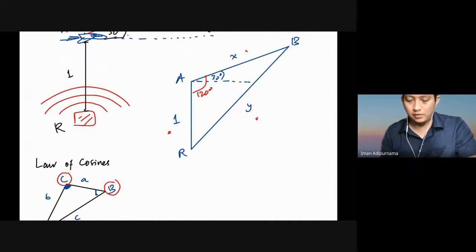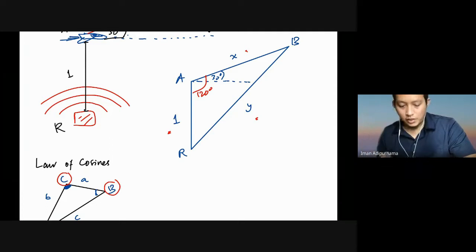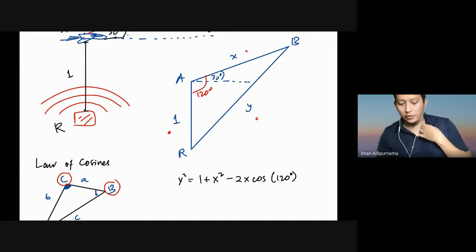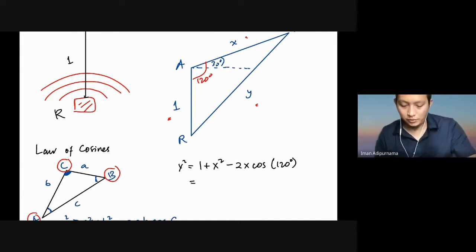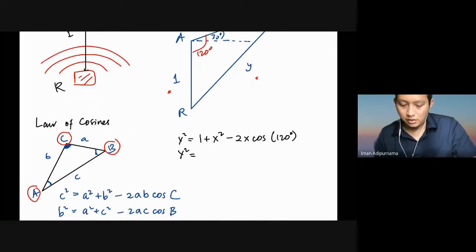And then we have now x, y, and 1. So let me write in terms of y first: y squared equals 1 plus x squared minus 2x cosine 120. Cosine 120 is minus half.